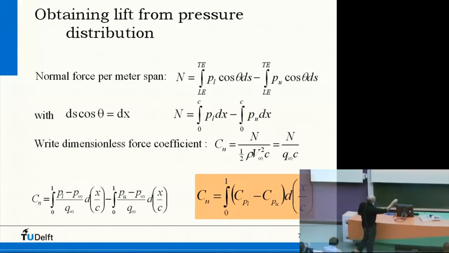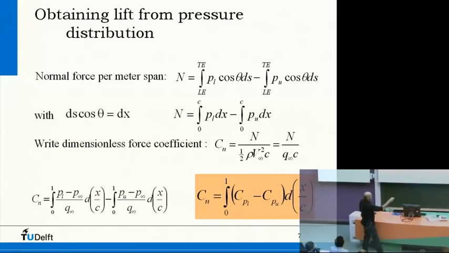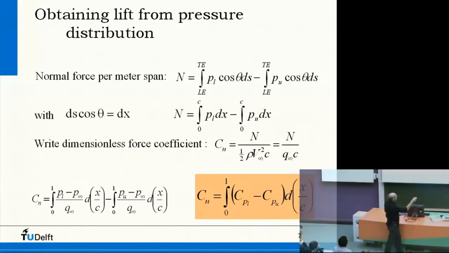So actually the normal force is the integration from 0 to c of p lower dx minus p upper dx. In fact, it is the area between the upper and the lower pressure distribution that we integrate. So the bigger this area is between the two, the bigger the normal force is.